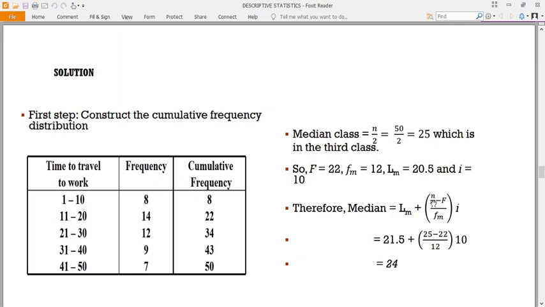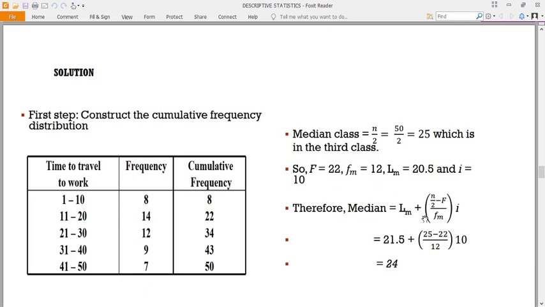Then the next thing I'm interested in, we already have n as 50. Now remember, we said that f is the cumulative frequency before the median class. Our cumulative frequency that had the median class was 34. So what is the cumulative frequency before? It is 22. So where there is f, we put a 22.